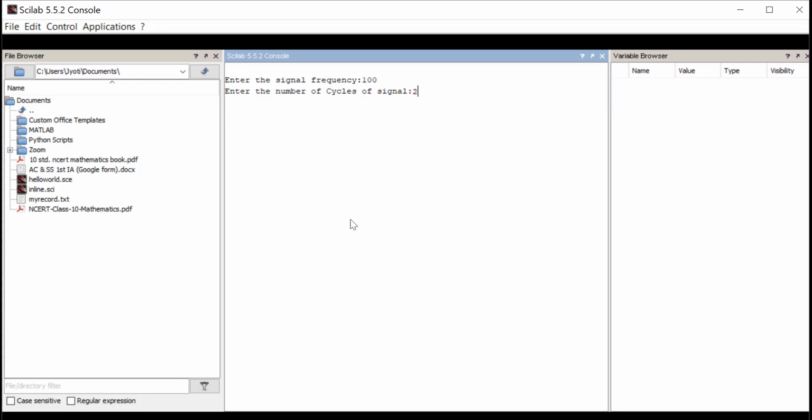I want 2 cycles, therefore I'll press 2 and enter. Next, it asks to enter the amplitude of the signal. I want an amplitude of 2, so I'll type 2 and press enter. Now it will show the graphs. One by one, I'll show the graphs.